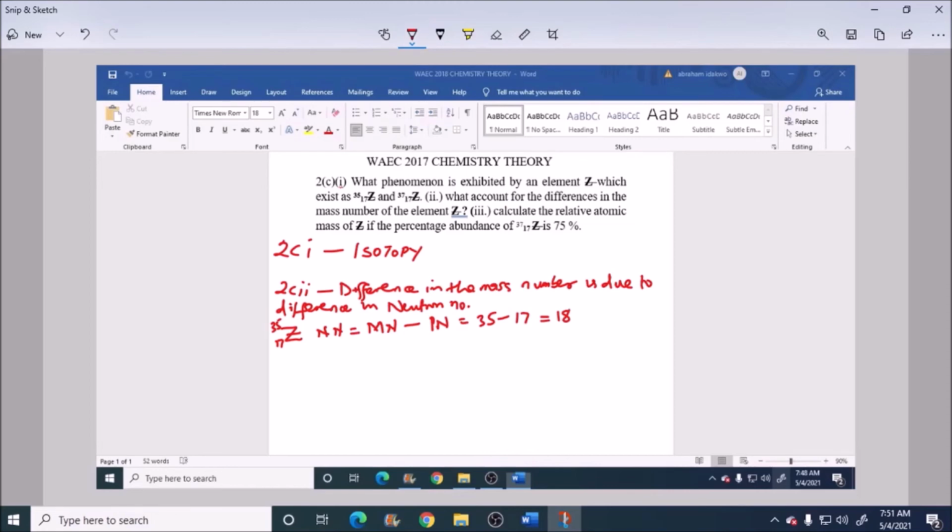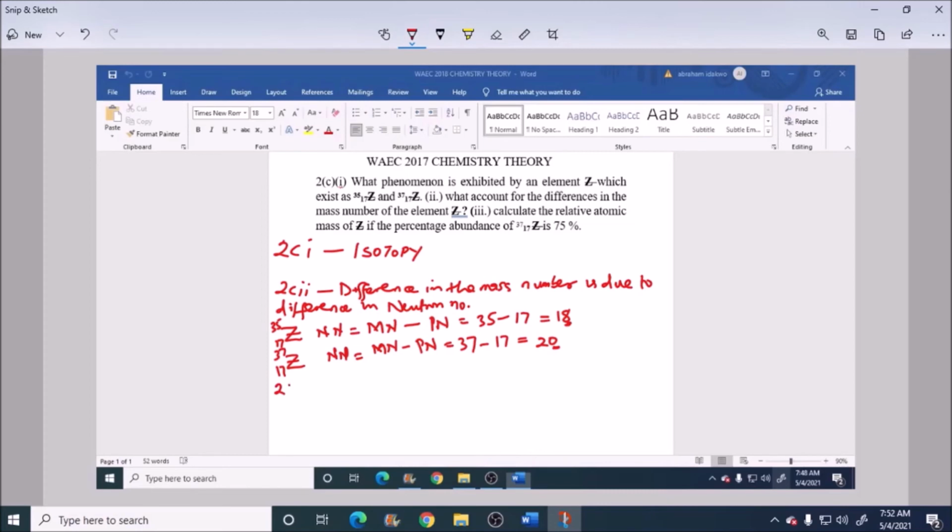Then we have another atom of the same element with mass number 37, atomic number 17. So neutron number for this one is equal to mass number minus proton number, which is 37 minus 17, equals 20. So we have a difference in their neutron number. This difference in their neutron number accounts for them having different mass number, because mass number is equal to the sum of the proton number and the neutron number.